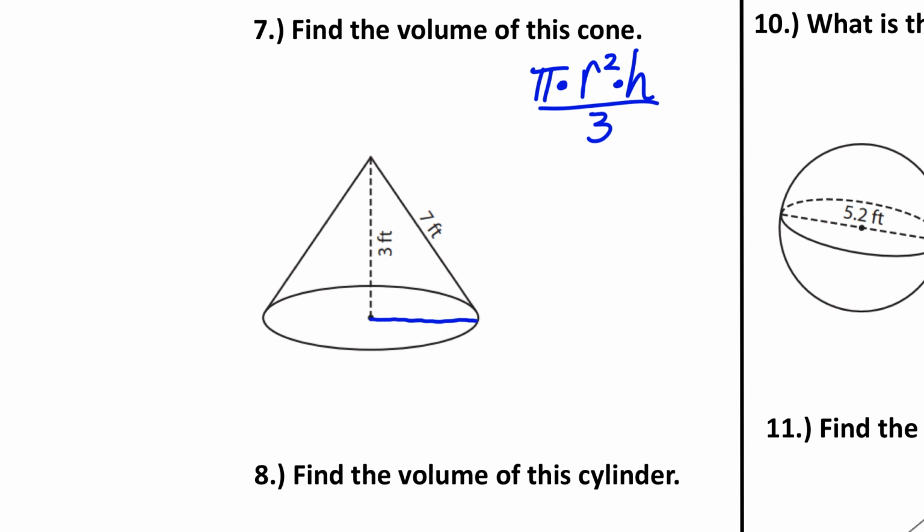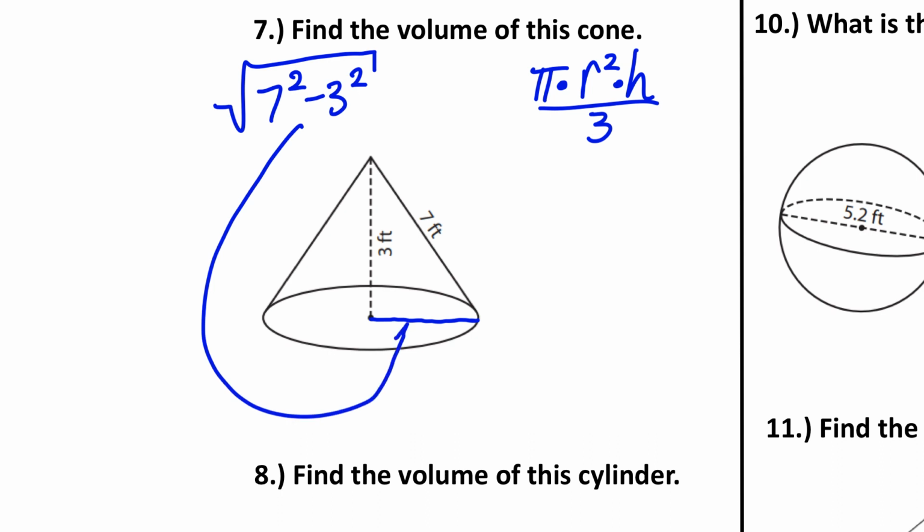No, this is the radius. So how am I going to find that radius? Exactly, good. Use a little bit of Pythagorean theorem. So 7 squared minus 3 squared, square rooted. What does that give you? Okay, and from there you've got your radius, the height, easy, just plug that stuff in.